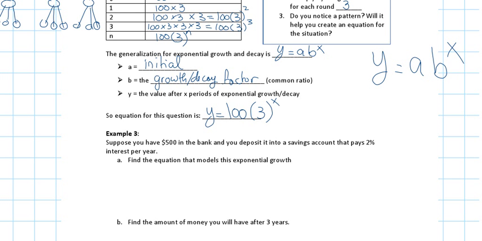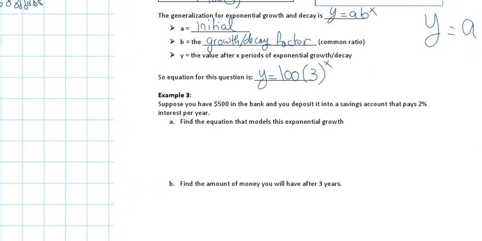Now we're going to look at another type of equation. If you know what your common ratio is, it's easy. But the minute they give you a percentage, you can't just use y equals a b to the power of x.